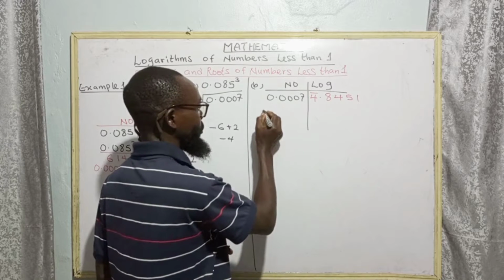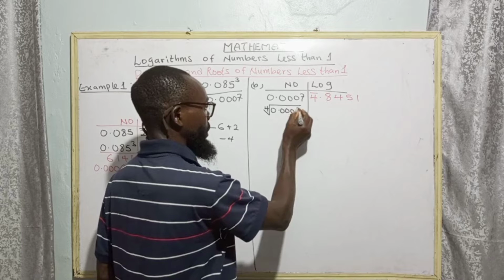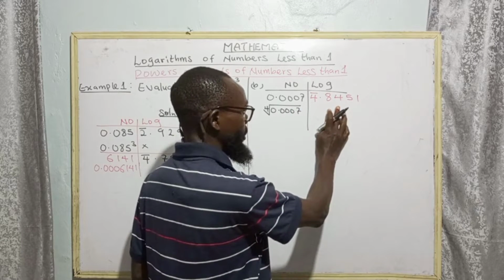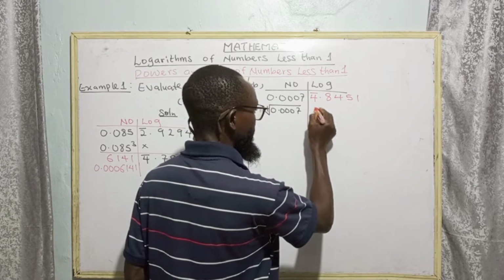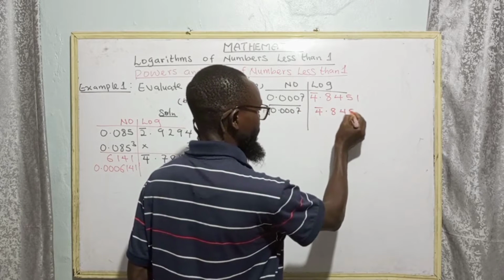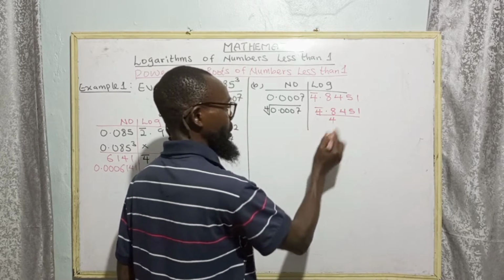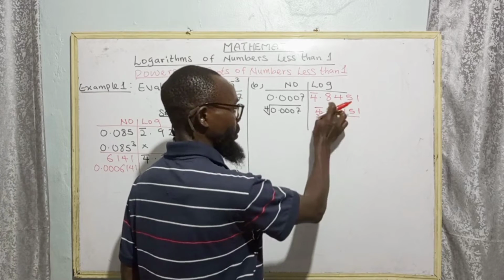The next step is to introduce our fourth roots. So this fourth root is going to be divided by 4. So we are going to have these values, bar 4.8451 divided by 4. 4 goes in bar 4. We are going to have bar 1 points. 4 goes in 8.